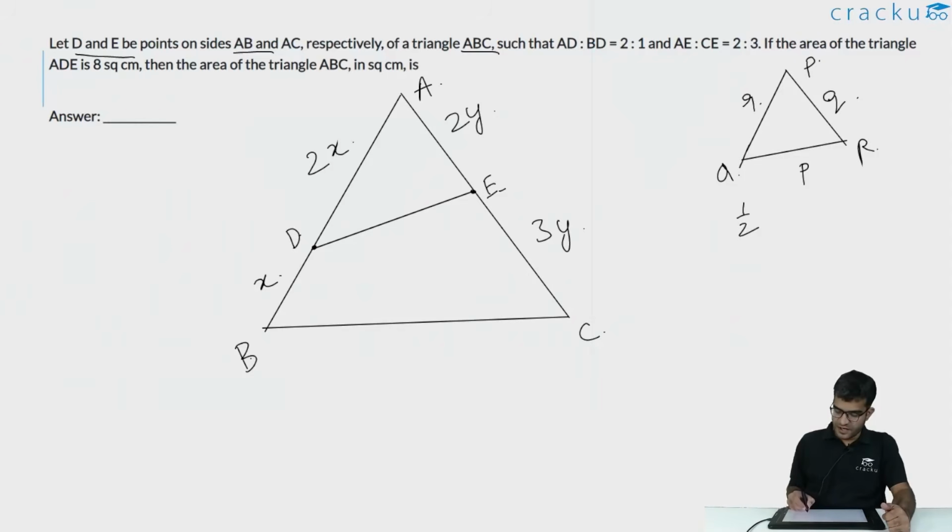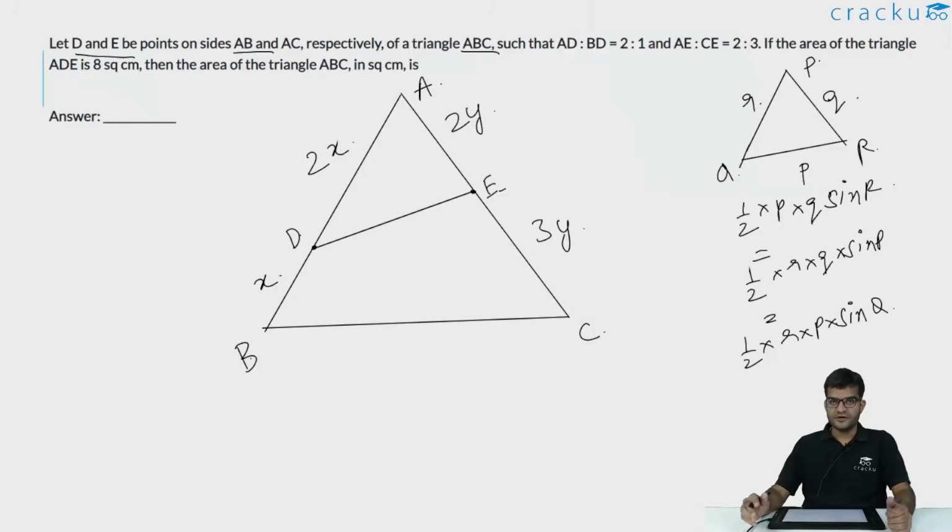It is equal to half into p into q into sin r, which will equal half into r into q into sin p, which will also equal half into r into p into sin q. Basically the product of two sides, you multiply it with the sine of the angle between both of them and divide it by 2. That will be the area of a triangle.